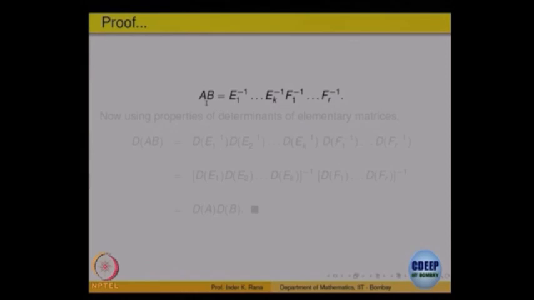Now let us compute the determinant of both sides. The determinant of AB will be equal to the determinant of the right hand side, but the right hand side is a product of elementary matrices. Remember, we had remarked earlier, if E is elementary, its inverse is also an elementary matrix.